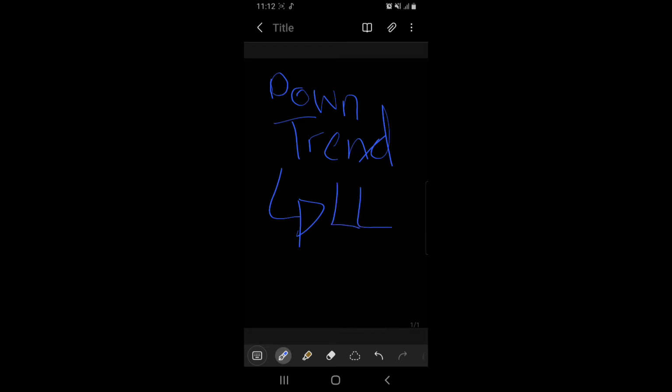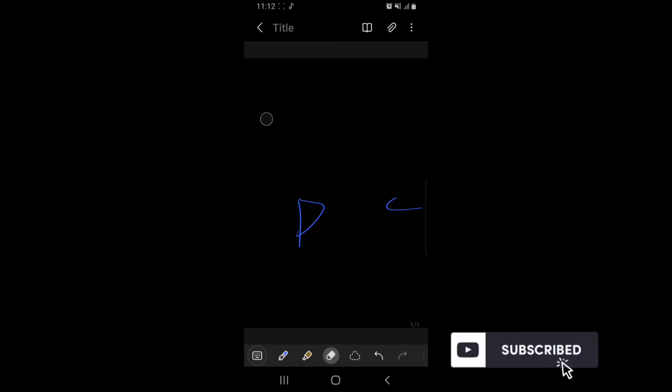We know that if it is a downtrend, the market has to form what? Lower lows and lower highs, so it has to be moving like this.